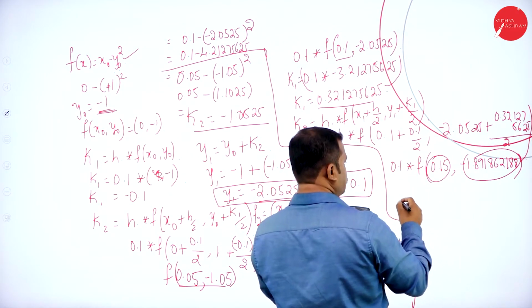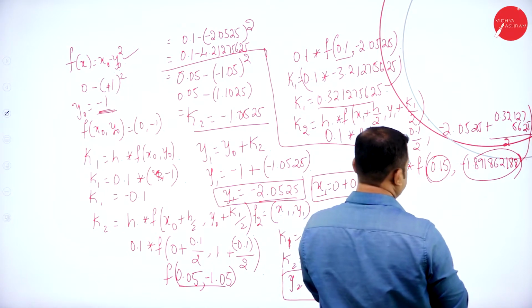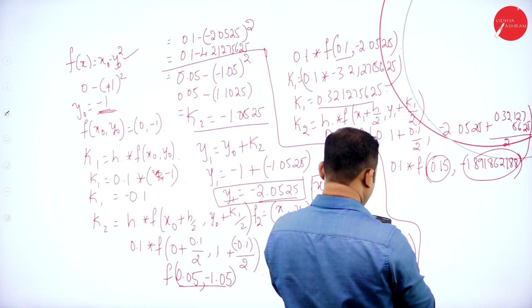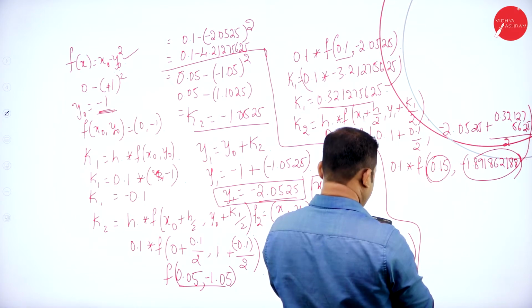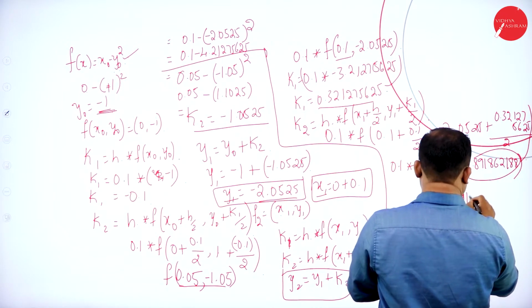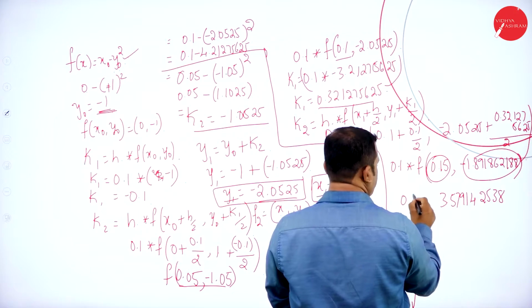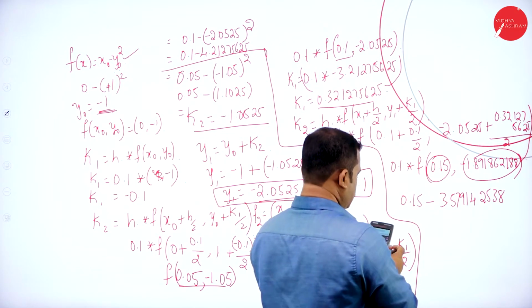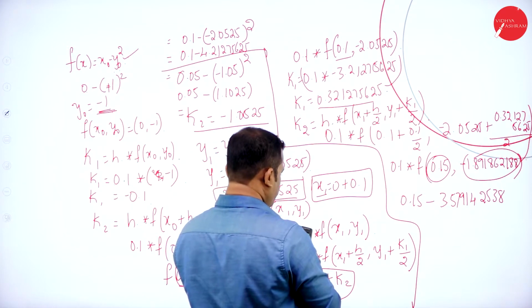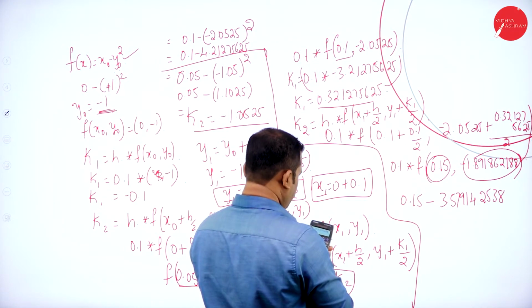What is that x? 0.15 minus 1.891862188 whole square. That leads to the value 3.579142538. What is 0.15? That is 0.15 minus this term, 0.15 minus 3.579142538.